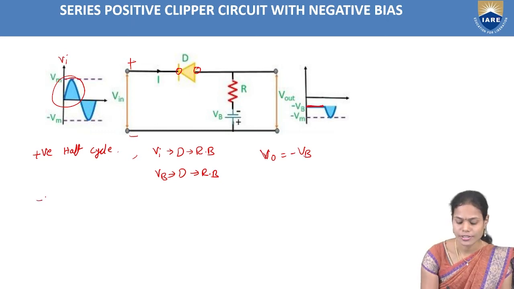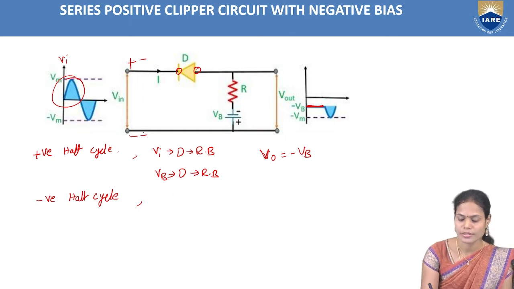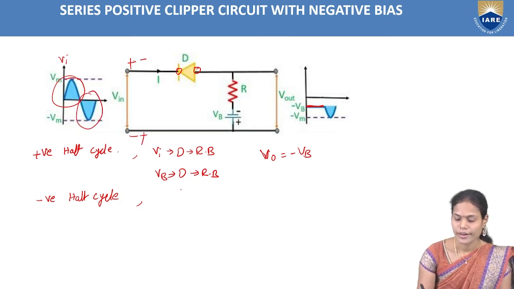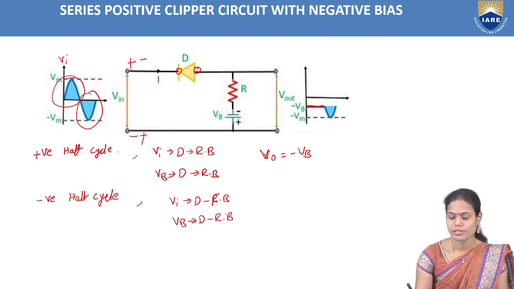And similarly, if we take the negative half cycle of my input signal, here it is negative, here it is positive. Input is making the diode forward bias, but the battery voltage is making the diode reverse bias. So one voltage is making it reverse bias and one voltage is making it forward bias.